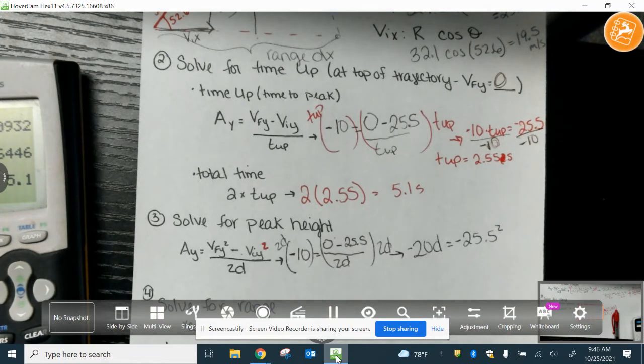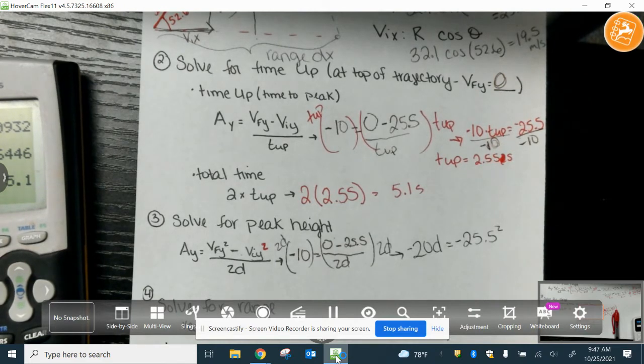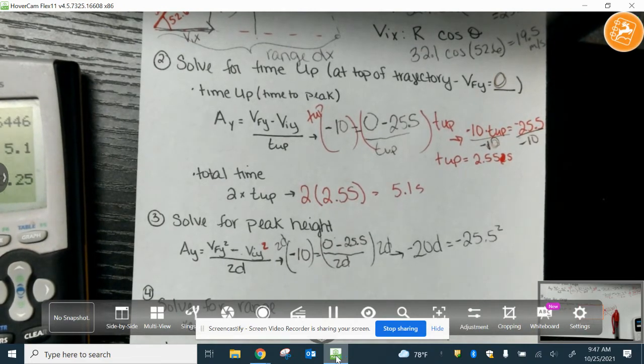You cannot square a negative. But remember, it is plus or minus the square root of. So we can kind of set that negative to the side for a second. So 25.5 squared is going to give you 650.25.